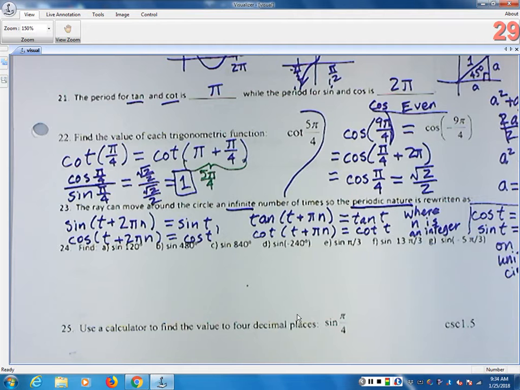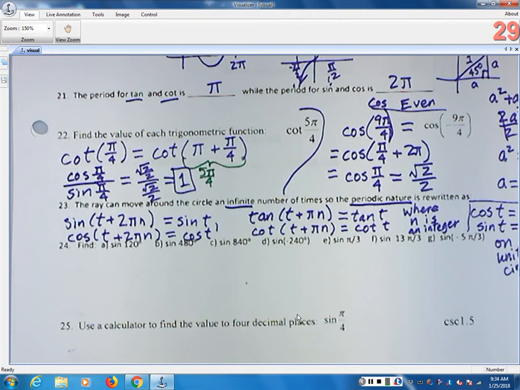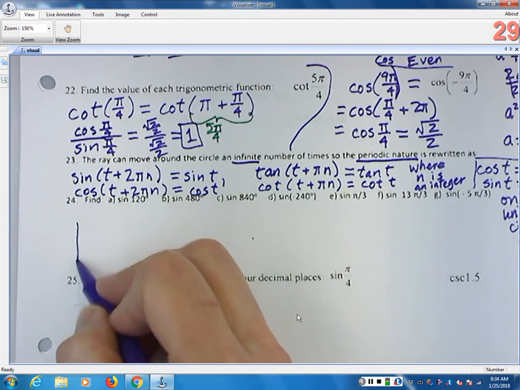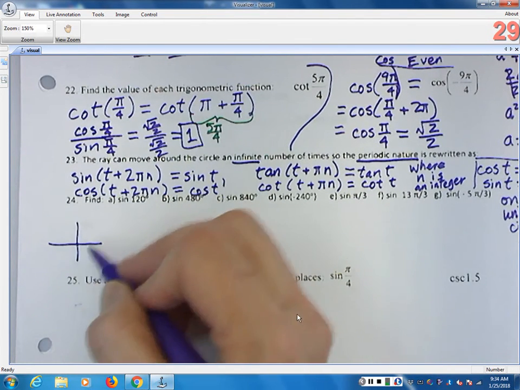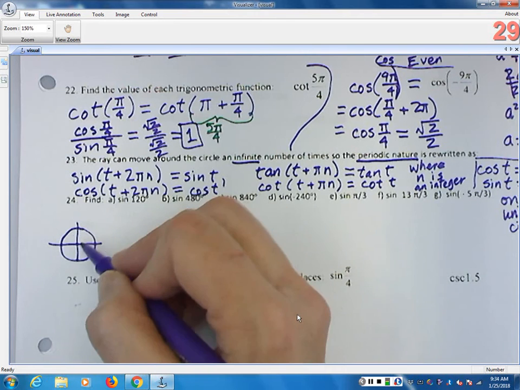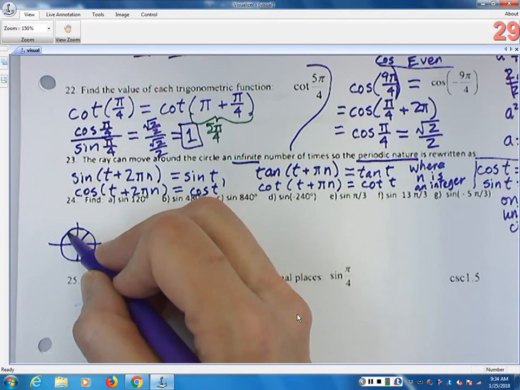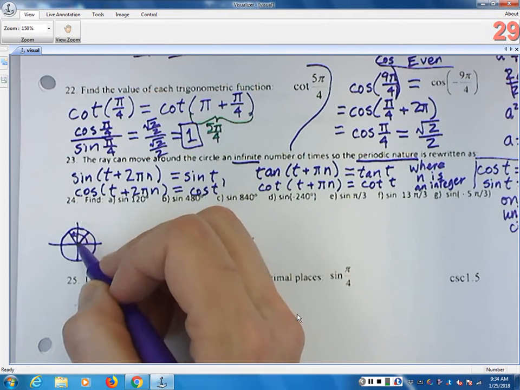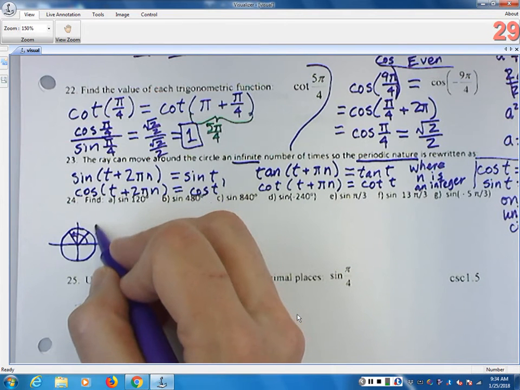Okay, so we're going to find sine of 120. I drew a little picture. I've got my unit circle here. This is 60 degrees. This is 120.